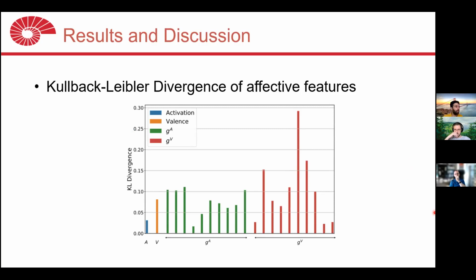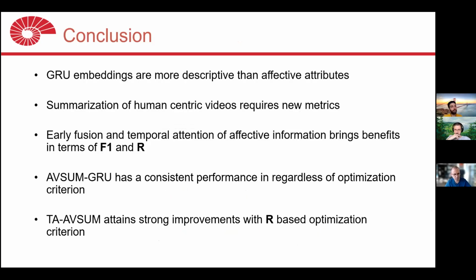So now, after we have analyzed the runner-up models and tried to explain why GRE embeddings are working better, I would like to conclude and wrap up what we have done. We have seen that GRE embeddings are more descriptive than affective attributes and more universal.